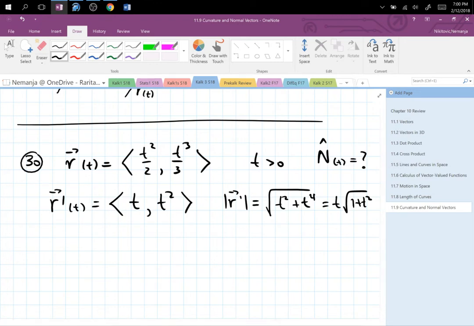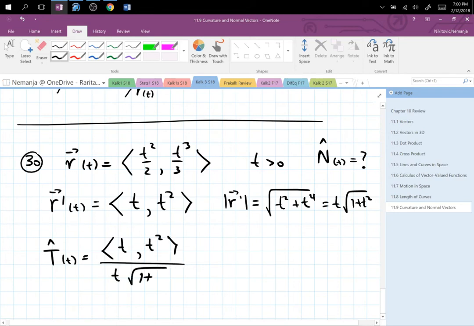But then that helps a lot when you compute your t hat, because your t hat now is t squared divided by t square root of 1 plus t squared, and then t cancels everywhere, so you get 1 and t divided by the square root of 1 plus t squared.